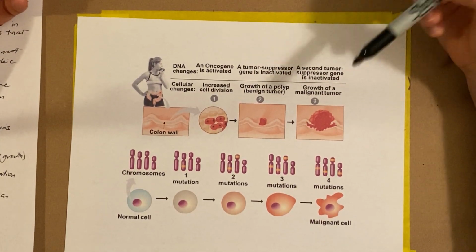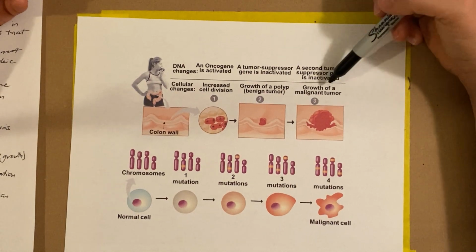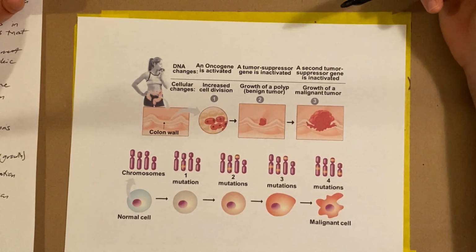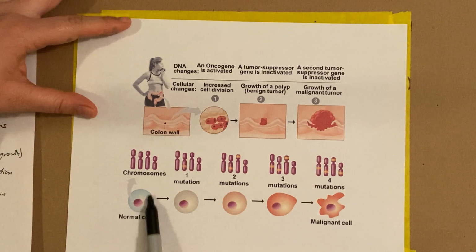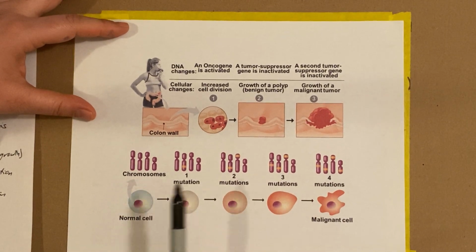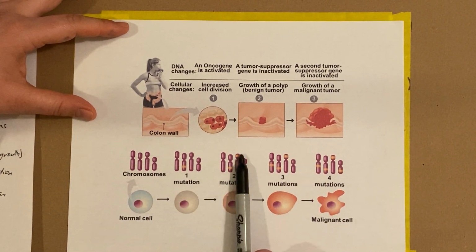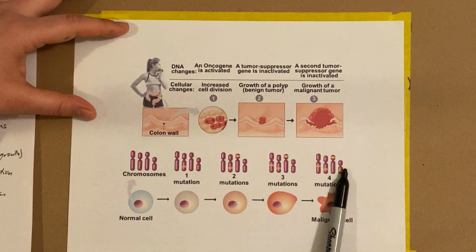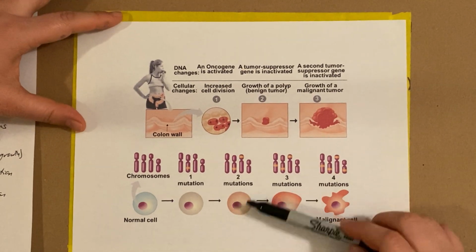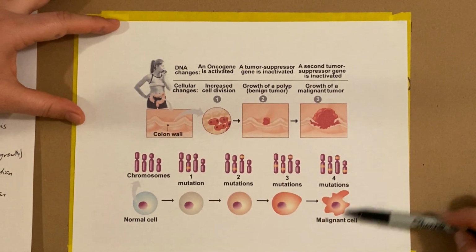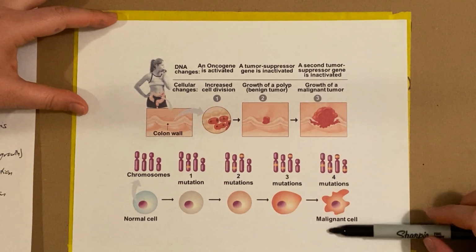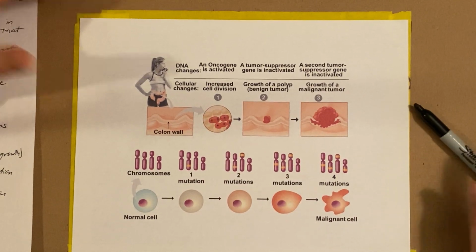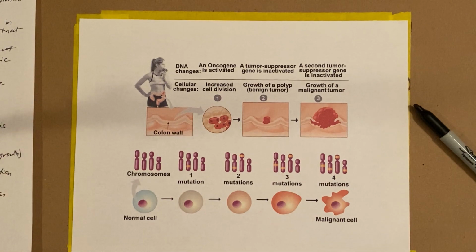If a second tumor suppressor gene is then inactivated, that can lead to the growth of a malignant tumor. So you have a normal cell, but then if you start to have mutations, the accumulation of mutations can cause cancer.